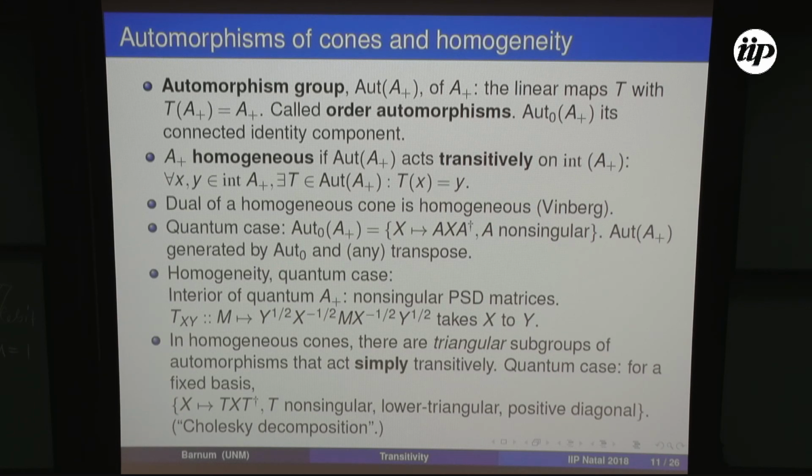You can represent every homogeneous cone as a slice of an SDP cone. That's not trivial to prove. I'm not sure exactly when it was proved, but I think Chua and Tunçel proved it maybe in the early 90s, and there may have been some other independent proofs.